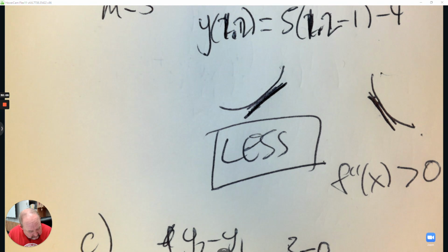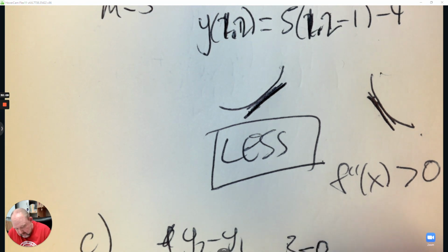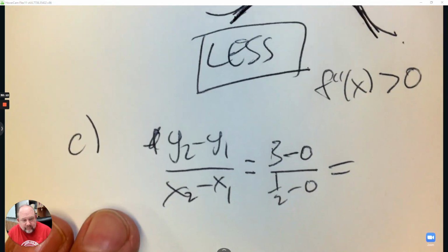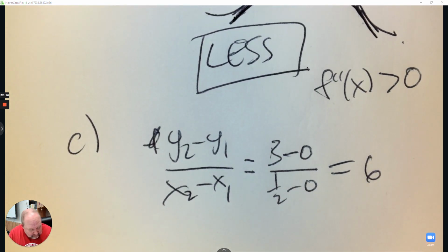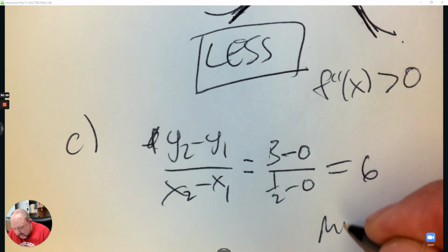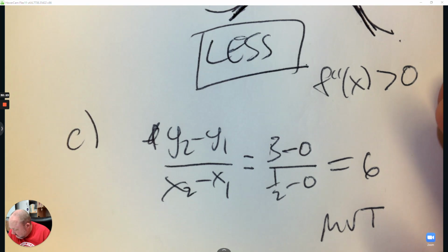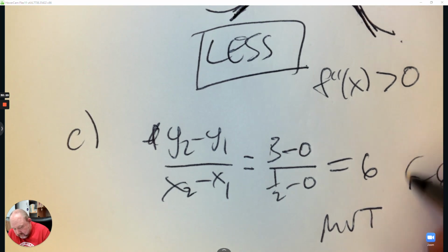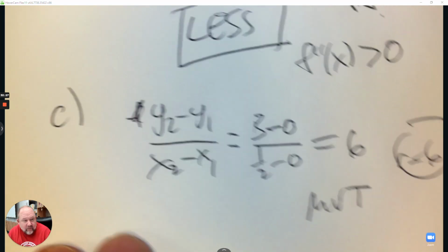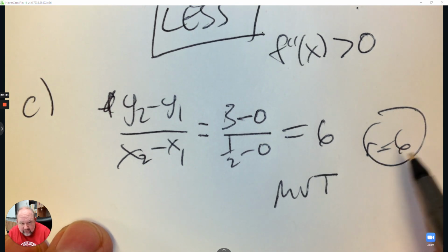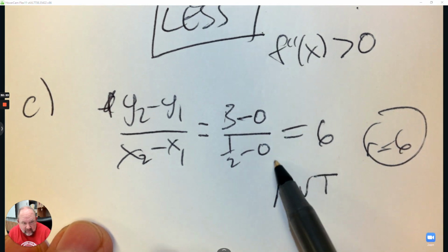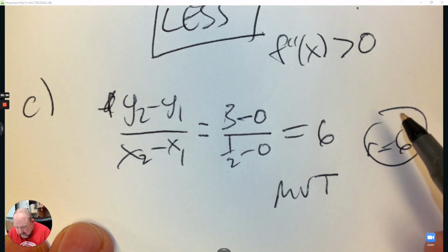And then it's just 1/2 take away 0. So 3 divided by a half, times the reciprocal, is 6. So that's the mean value theorem. That's what r must equal. So there must be a time where the acceleration must equal 6, to equal the average rate of change of the velocity.